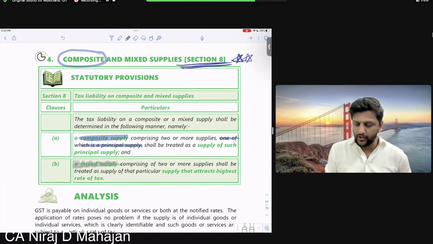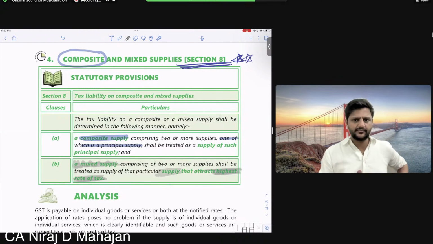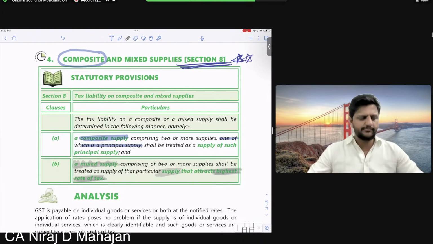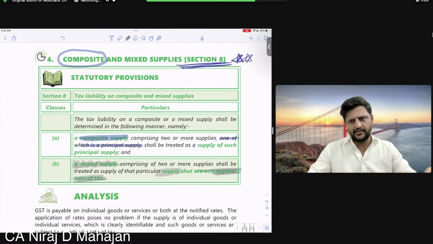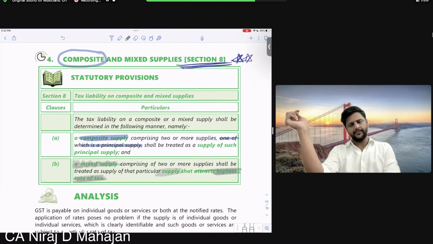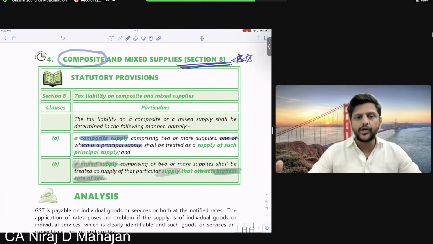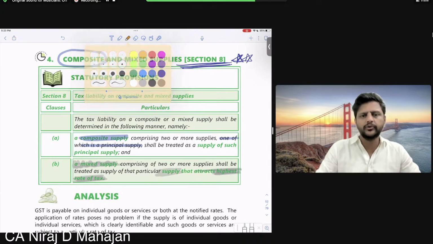It will be treated as supply of that which has the highest GST rate. So if it is a mixed supply of two or three or four items, among them whichever has the highest rate of tax, that will be levied on the entire supply. Understood? Depending on whether it is a composite supply or a mixed supply. Yes, still here, all of you?